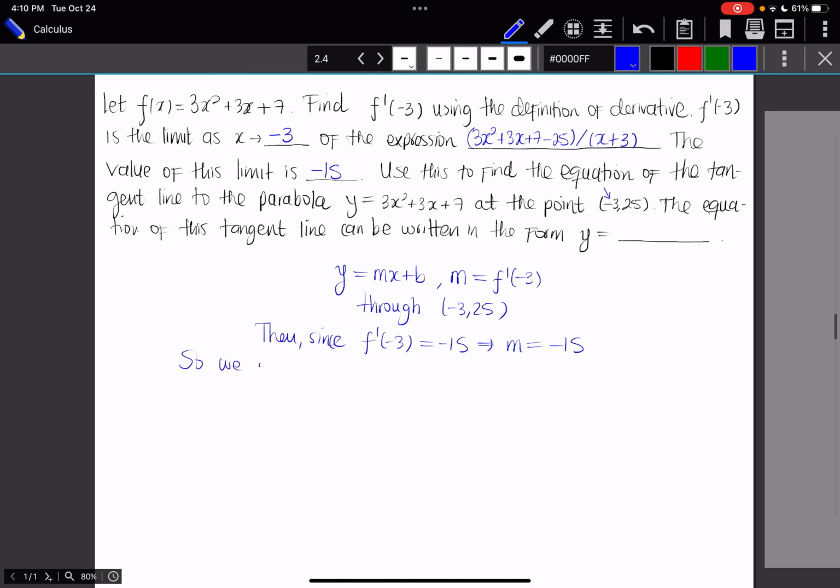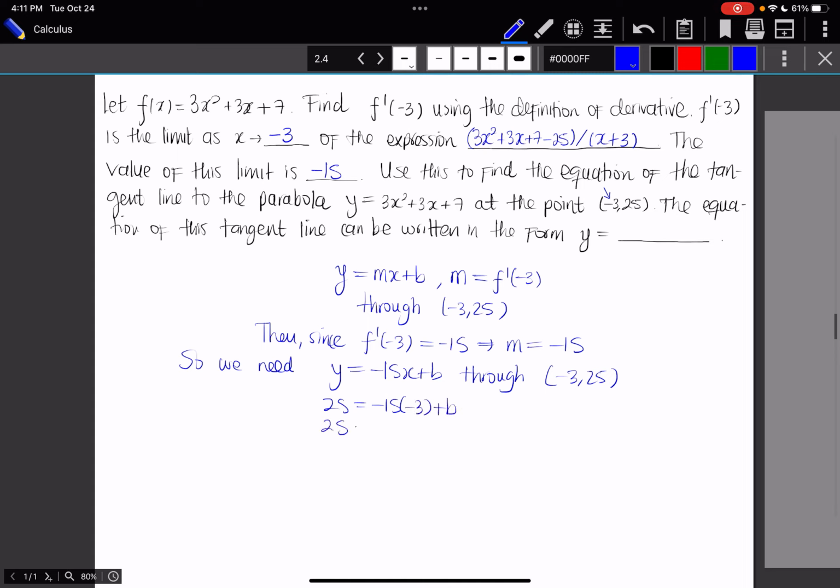So we need the line to look like -15x plus b. And we need the line to pass through the point -3, 25. To find b, we substitute the point -3, 25. We have that 25 should be equal to -15 times -3 plus b.